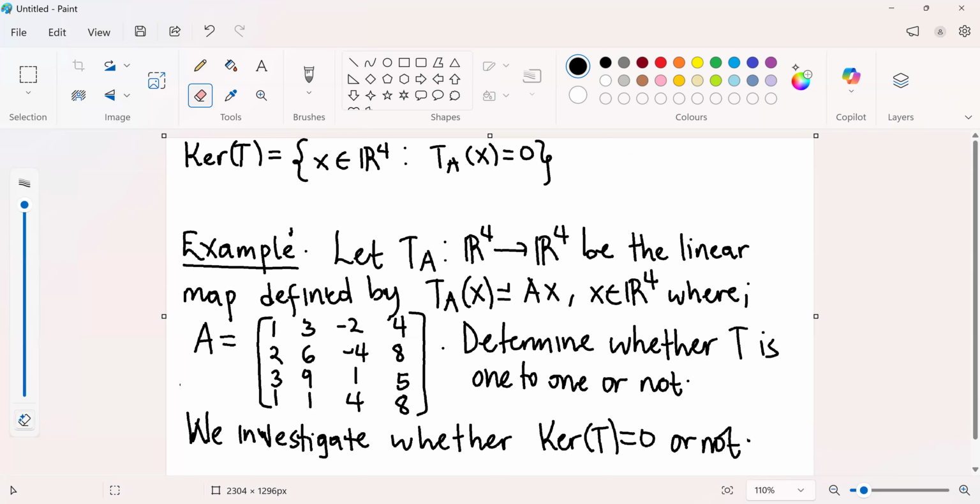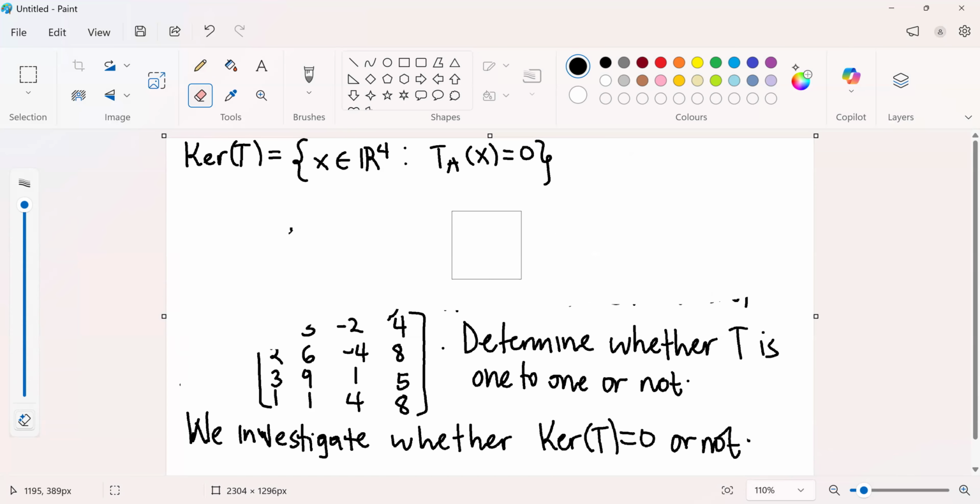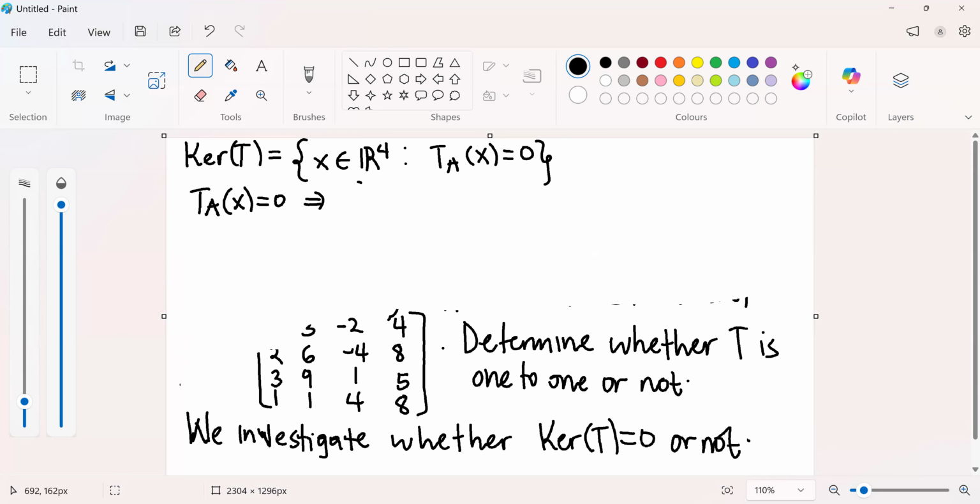So we carry out row reduction. What is my matrix? T(x) = 0 should imply that we deal with the matrix 1, 2, 3, 1, 3, 6, 9, 1, -2, -4, 1, 4, 4, 8, 5, 8.